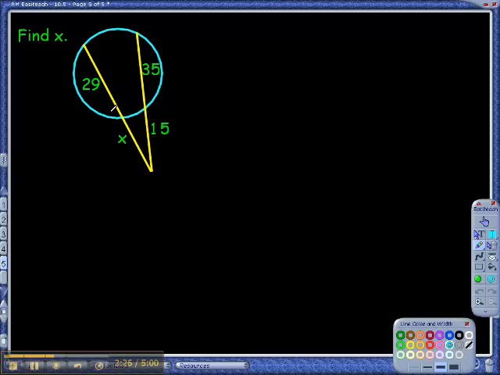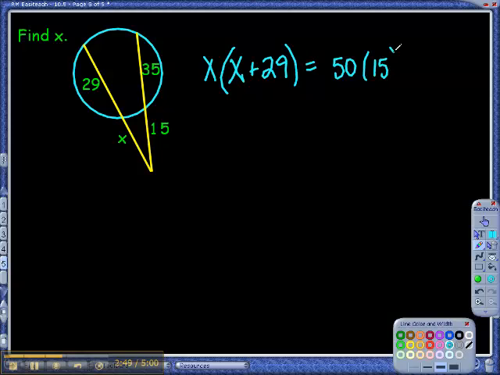So for this first one, I could say x plus 29 for the whole secant segment times just its external part, x, is equal to the product of the whole secant segment, which is 35 plus our 15, giving us a total of 50, times just the external part, the 15. As you distribute on this one, you would have x squared plus 29x is equal to 750.